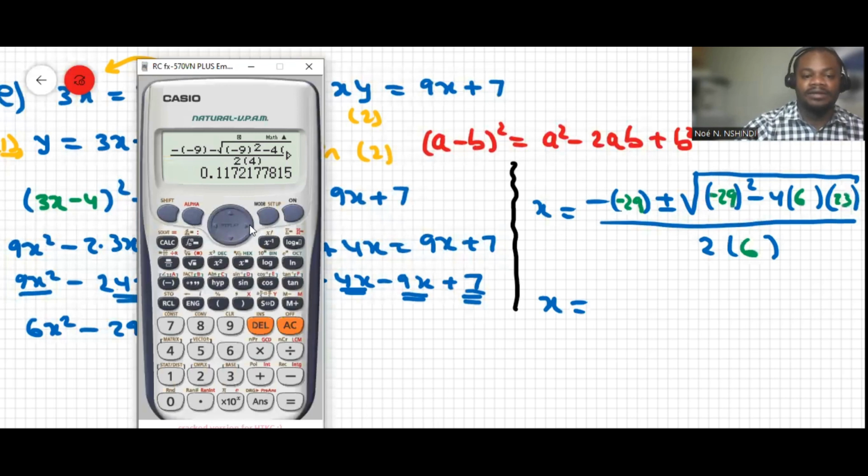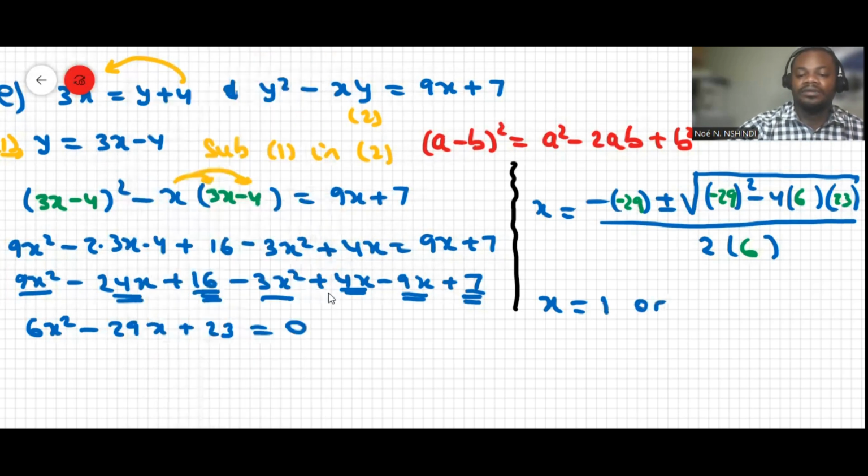It's going to be b, which is negative 29 there, minus, b squared, negative 29 to the power of 2, minus 4a, a is 6, and then c is 23, over 2a, a is 6.